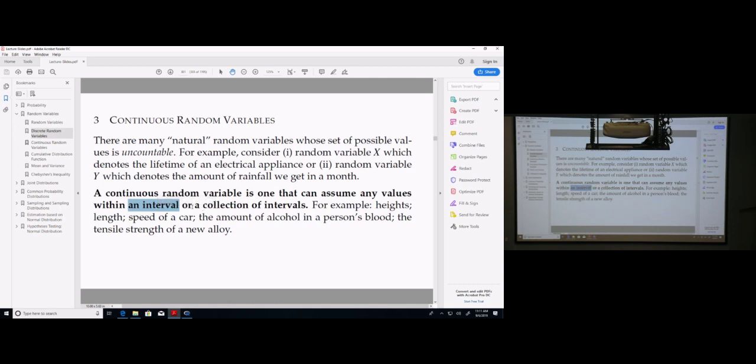We probably won't see those situations. This is more like a mathematical possibility, but the kind of random variable that we deal with is usually just one single interval. Sometimes it can be unbounded, from 0 to infinity, or bounded between A and B. For example, height, length, speed of a car, the amount of alcohol in a person's blood, the tensile strength of a new alloy.